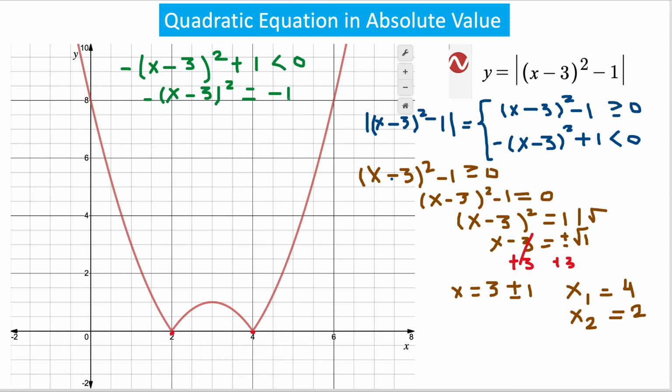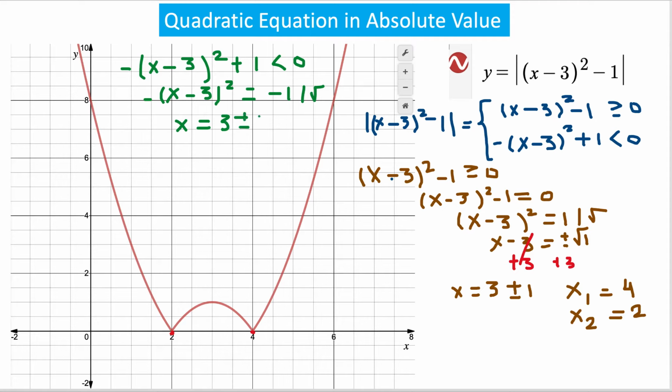If I multiply everything by a negative sign, both sides are going to be positive, and taking the square root I get the same thing as with the other equation, because it's all the same. In the end, I get 3 plus minus 1.